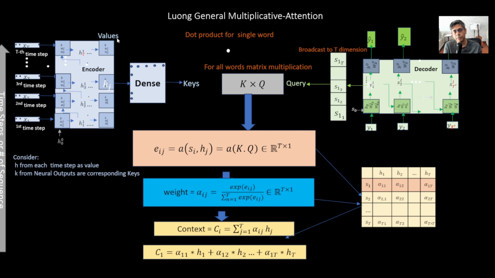One variant has values equal to keys and simply does a dot product. Another has the keys learned through a dense layer, and then does the dot product. This may be helpful when you have a shape which is not exactly equal to the query. So it may help you learn some additional information, and also help match the size of these two vectors.